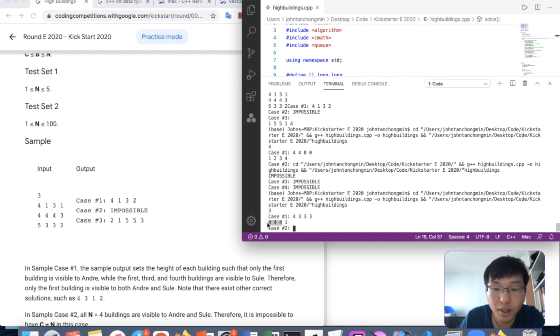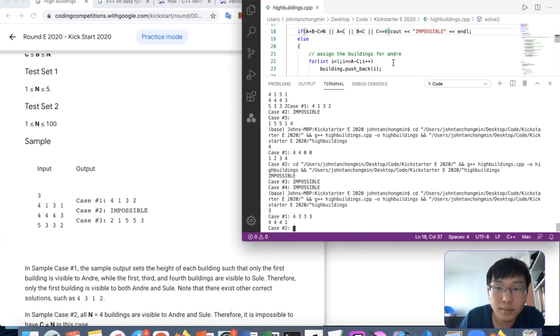So this is 3. So from the other point of view, if this is 3 also, so A plus B minus C is greater than N. So A plus B minus C so far is 3.